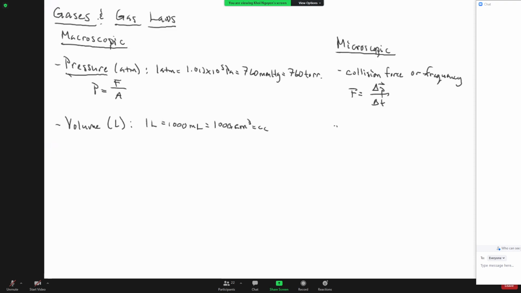The microscopic property is what we call the mean free path. And realistically, mean free path is just the distance molecules travel before collision.